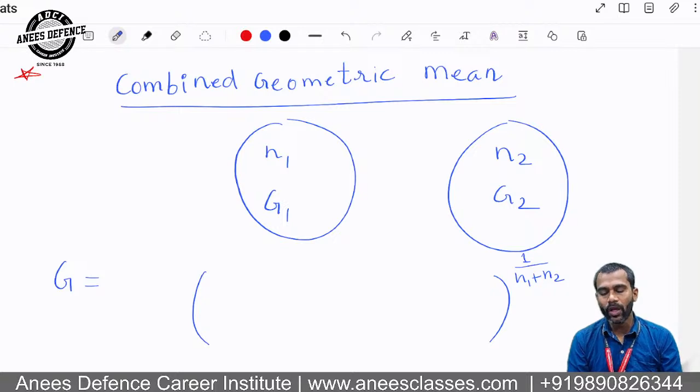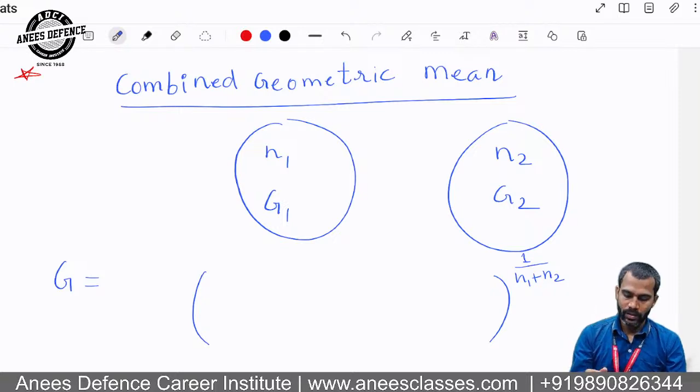So what would be the product of the first group? Suppose this variable is x and this variable is, let's say, y, xi and yi. Yes or no?